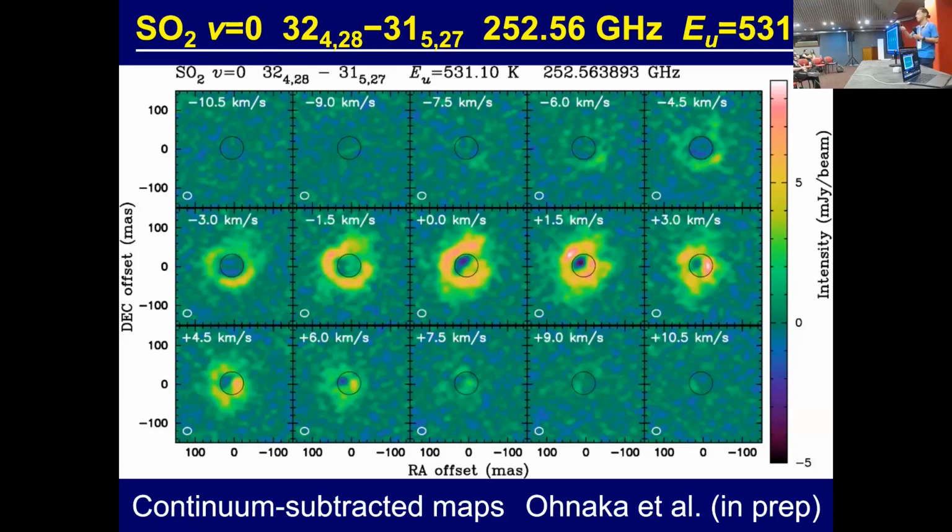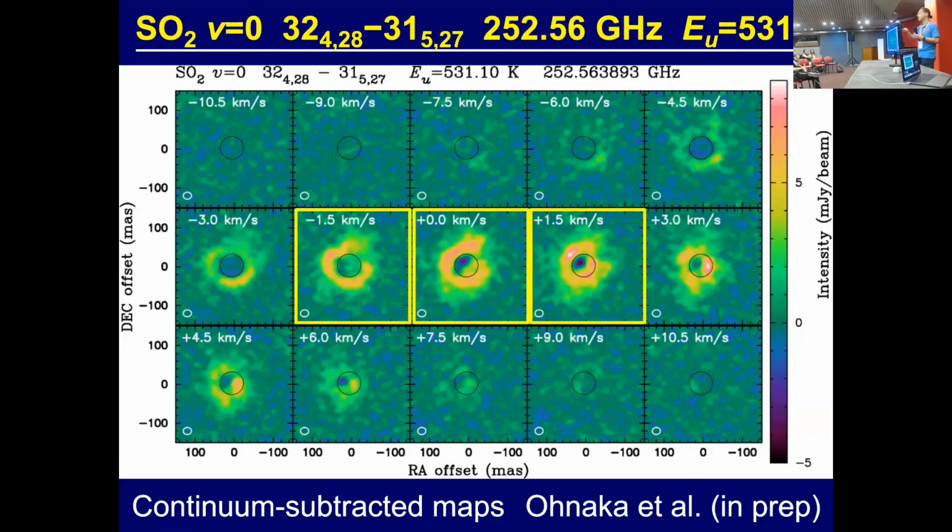And then we see a number of interesting features, but here we already see emission over the stellar disk. And in this panel, you can see a very bright spot inside, or in front of the star, not absorption.